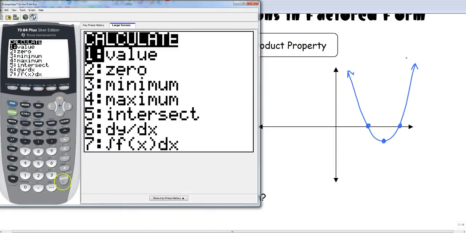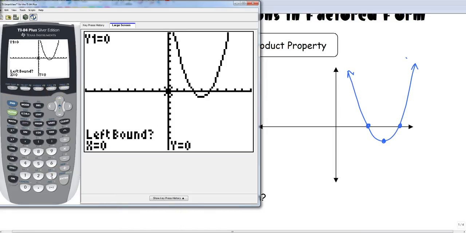Second trace, minimum. And for left bound, we will go somewhere on the left, and when you're somewhere on the left, we'll press enter once.